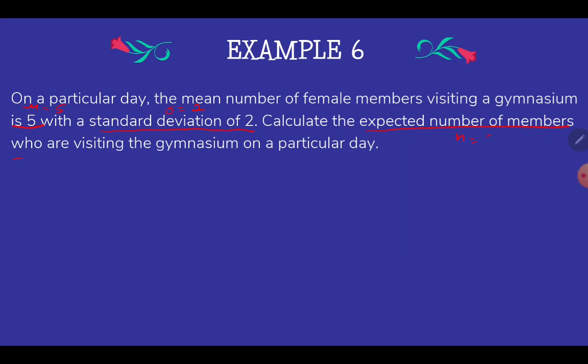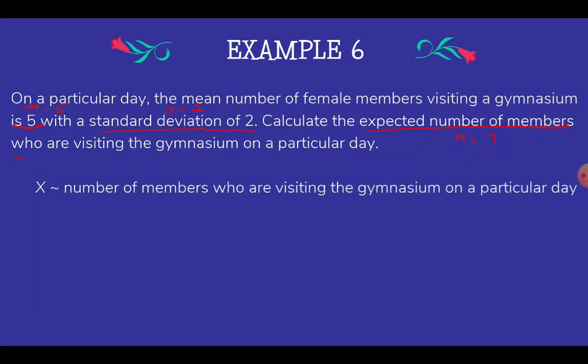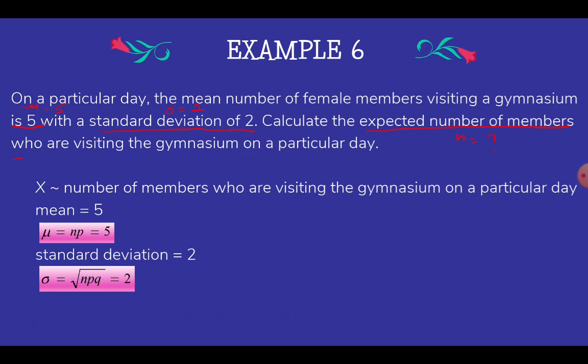So n is equals to what? This is actually what the question asks. Okay, so as usual, define x. So x is the number of members who are visiting the gymnasium on a particular day. Mean 5, so we write it as np equals to 5. Standard deviation 2, so square root of npq is equals to 2.